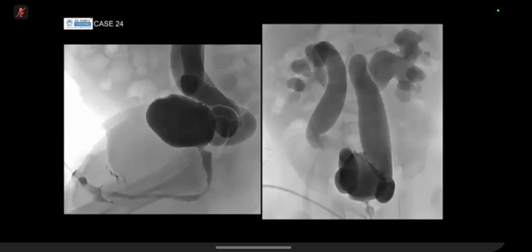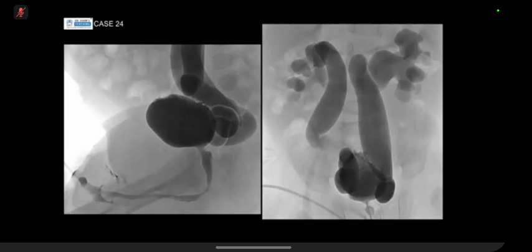So candidate 3, this is another case for you. I'll give you a history of recurrent UTIs for this patient. Okay, I provided multiple images of a micturating cystourethrogram. I can appreciate in the first image that there is a mildly irregular outline of the bladder.